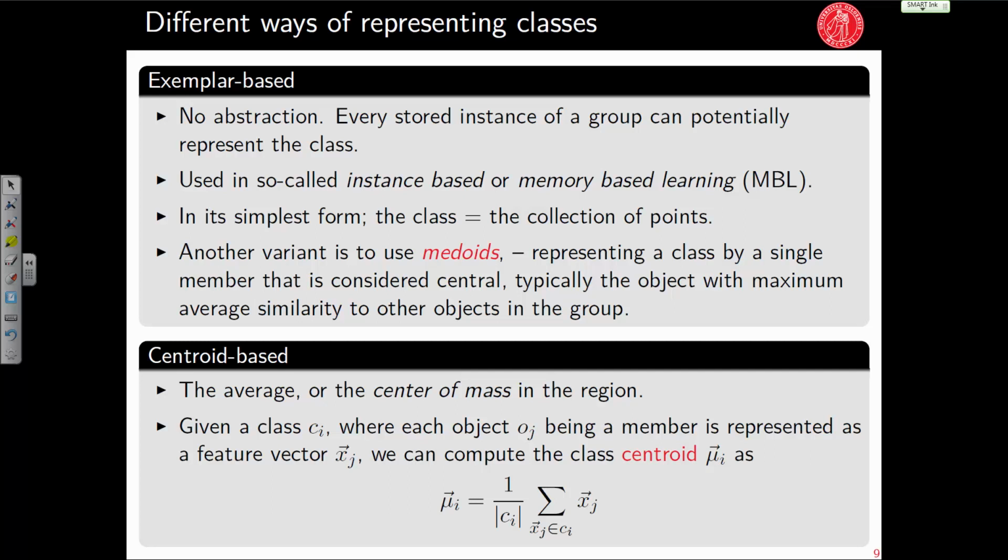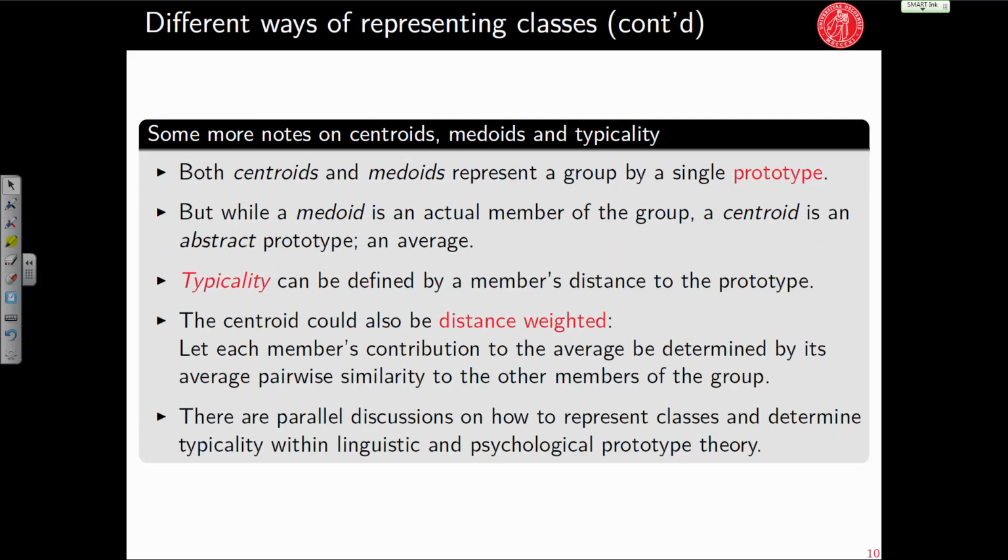We can add a parameter just before the xj, based on the distance or the average similarity of a given instance to all other instances. So if this instance is completely different, far in the feature space from the rest of the group, then its contribution to the centroid will be lower. So that's one way of augmenting the centroid computation.